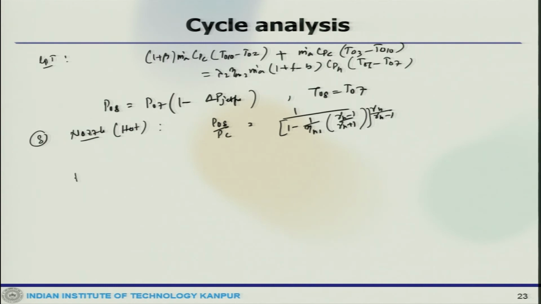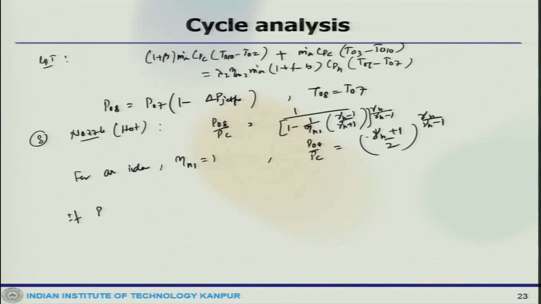For an ideal case eta_n was 1, so this would reduce to ((gamma_H + 1)/2) ^ (gamma_H/(gamma_H - 1)).